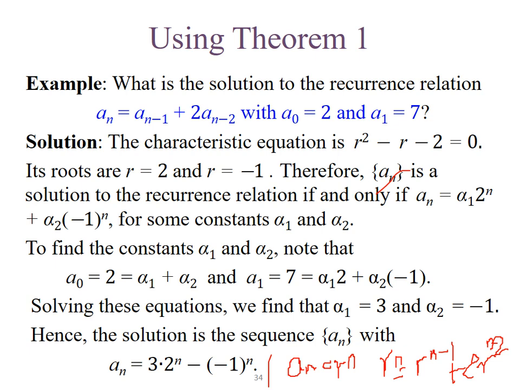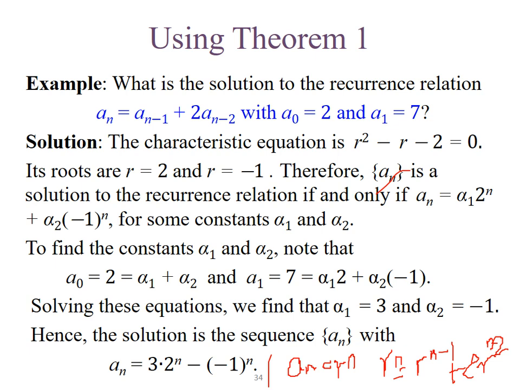Once we know these two characteristic roots, we can rewrite a_n as some coefficient alpha 1 times the first root to the power of n. So our first root is 2, so we use alpha 1 times 2 to the power of n plus alpha 2 times the second root, -1, to the power of n.